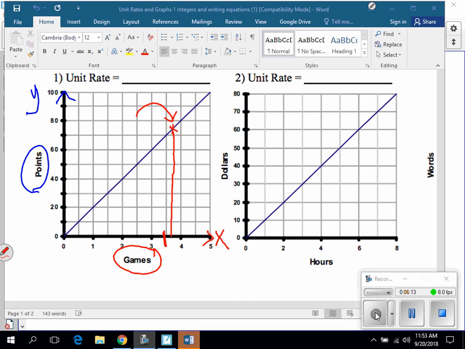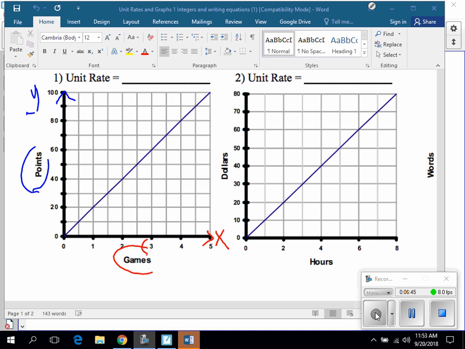This marking would represent 3.5 because it's between 3 and 4, but I don't know exactly what this marking is. And when I match it up with the y-axis, I know this is 70 and this is 80, but in between, what is that? 75, 74, 73.5? I'm not really sure. So you don't want to choose a point like that.